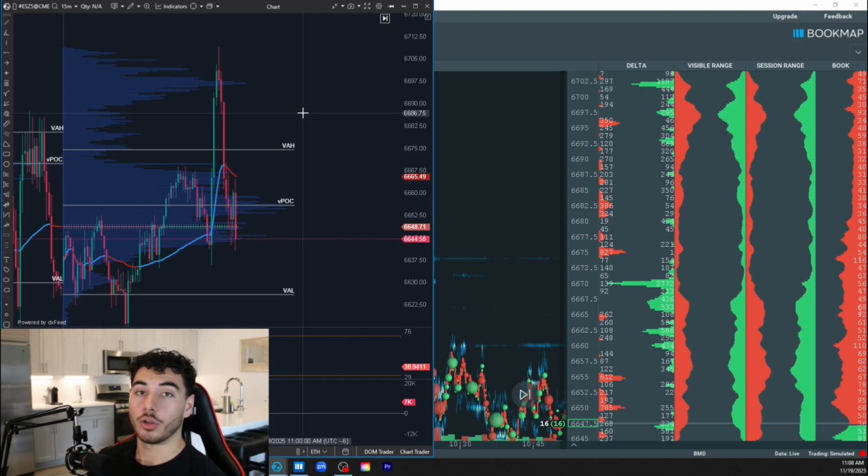Then there are high volume nodes, which are balanced zones, and I see them like magnets. These are areas where price conducted more volume at the higher peaks, like where the POC is on a peak. These are like peaks and valleys: the higher peaks are high volume nodes, and the low volume nodes are the dips in price. So you see it kind of like mountain ranges.